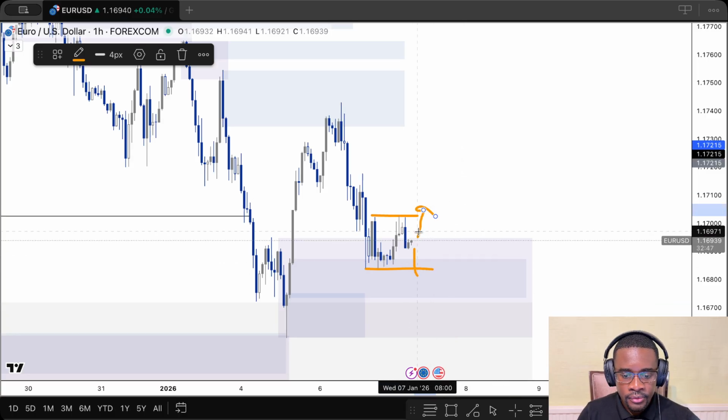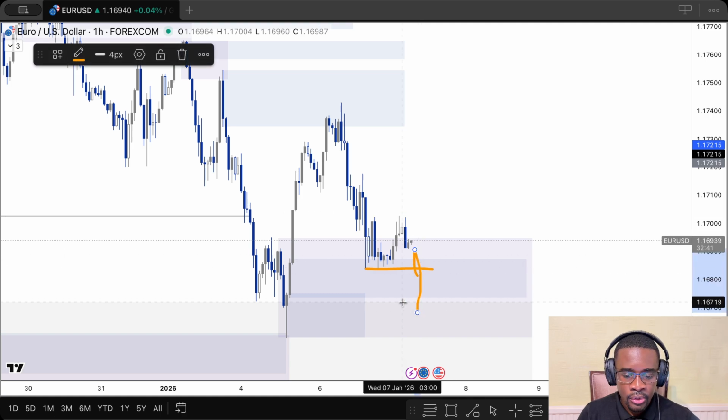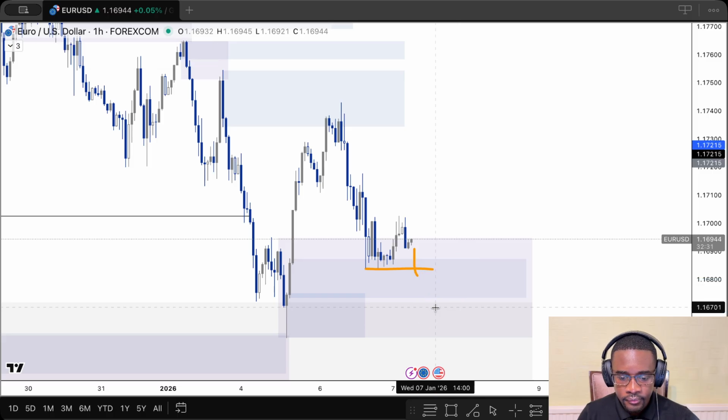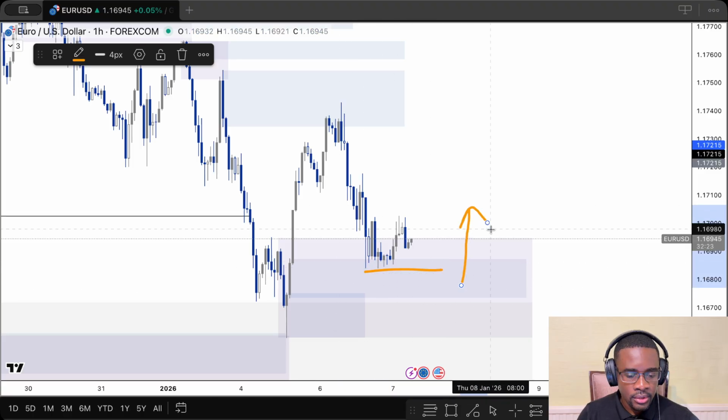Else, if it doesn't produce the break of structure right there, then we can expect to continue lower to at least mitigate this, and then maybe then we have a break of structure. So we are in a good area where we can expect price to react and go bullish. All right.